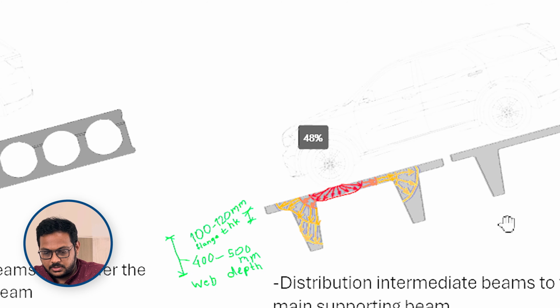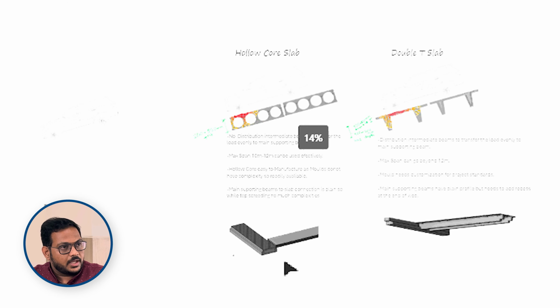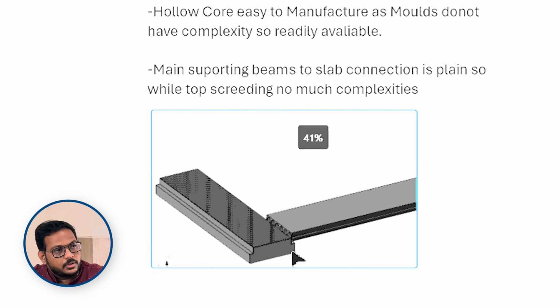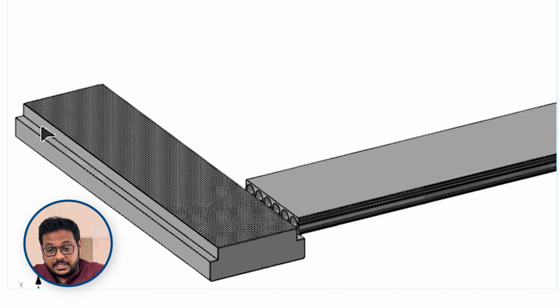And the second part of the T slab is, when we support that T slab on the beam, I can show you the picture, hollow core is a kind of plain structure. So if you see the beam, it has a very uniform notch where the hollow core is supported. Otherwise, in these double T slabs, we have to think in a different way.